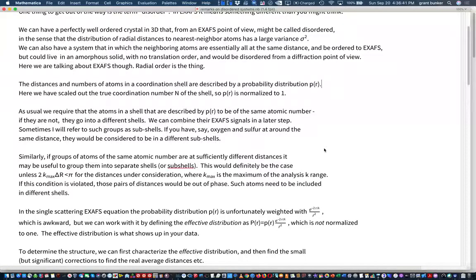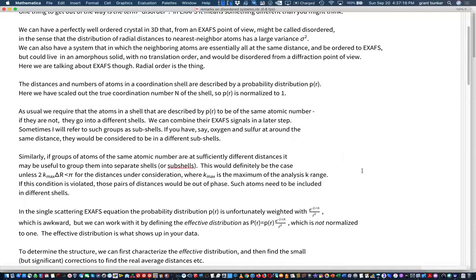So the criterion is that twice the maximum k value of your data range times the difference in distance between those two shells should be considerably less than pi if you want to put them in the same shell. If that delta R is bigger than that, then you want to put them in different shells because otherwise they will beat. All the atoms in a shell you don't want beating with each other. If they are, you put them in separate shells.